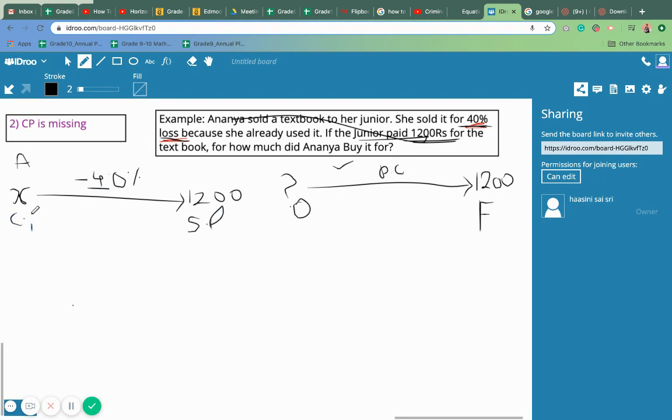Now, how do I solve this question? This is very similar to the type of questions we saw in the previous module, where the original was missing, the final and percentage change was given. The approach to this is by writing an equation.